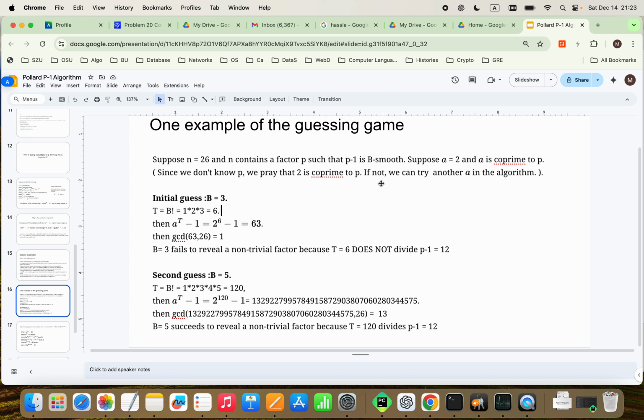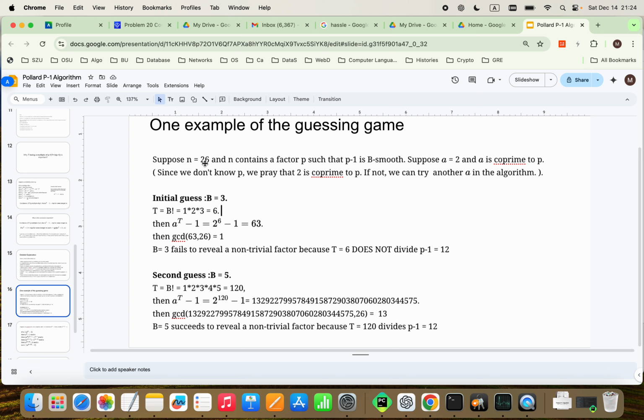So in our algorithm, we not only guess the b, we also guess the a. So we assume a equals 2 and a is coprime to p, and now we only guess the b. We first guess b is 3, then this number is very small, so you can see a factor of it is like 13. So it's the same as our previous examples.